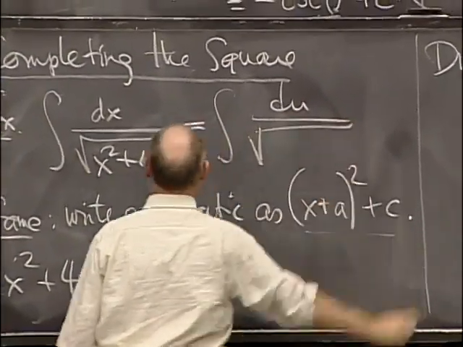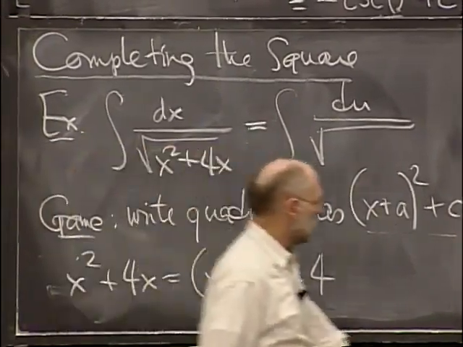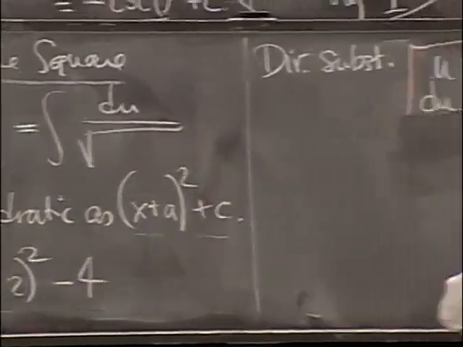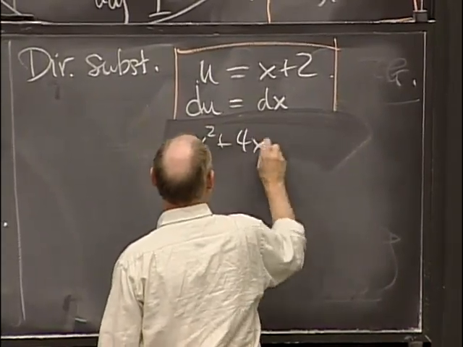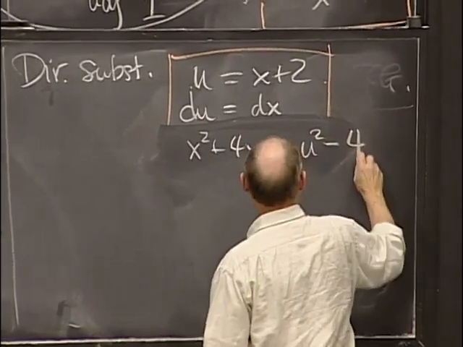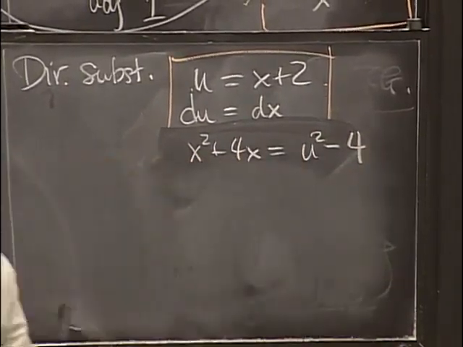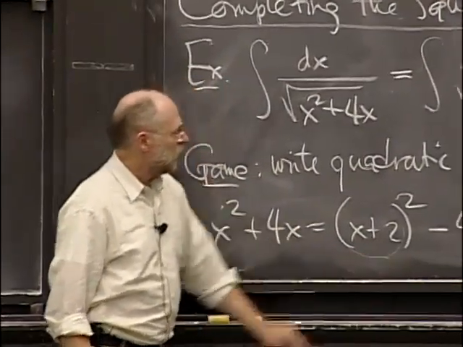And then in the denominator, I have the square root of that. As part of this, I'll write out what x squared plus 4x is. The point is, it's equal to u squared minus 4. x squared plus 4x is u squared minus 4.